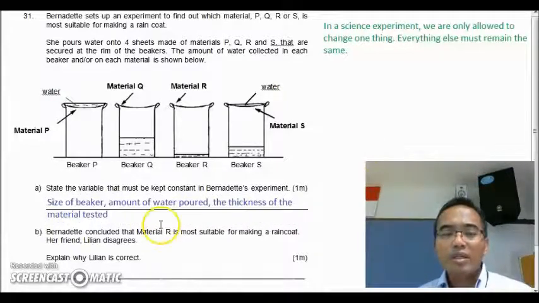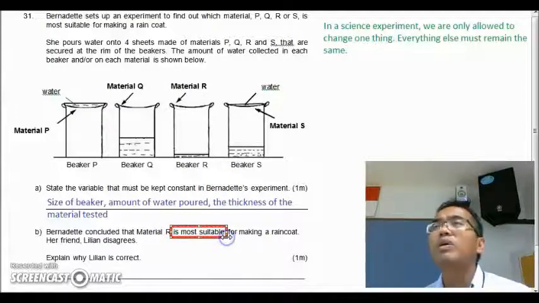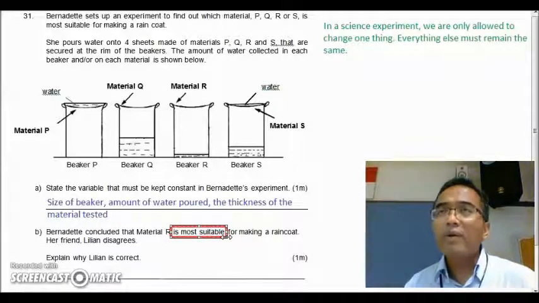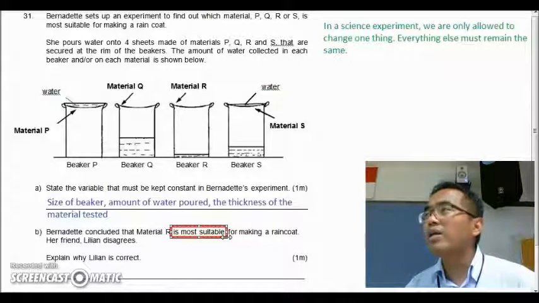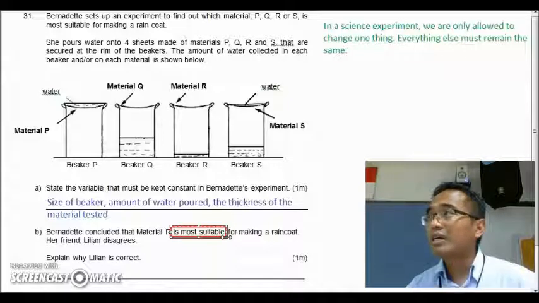Now look, the next question, 31B, what are they asking you to find out? Most suitable. When we have the word most, more, and so on, what are we doing? Comparing. In science, when you compare, you must mention the two or more items that you are comparing. Alright?